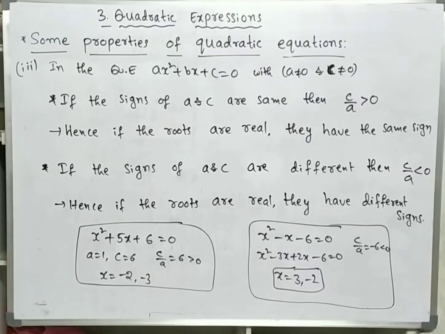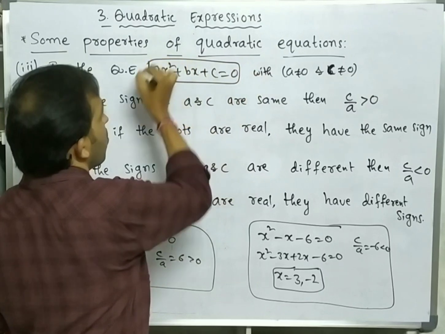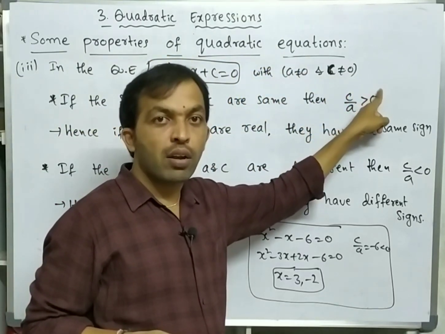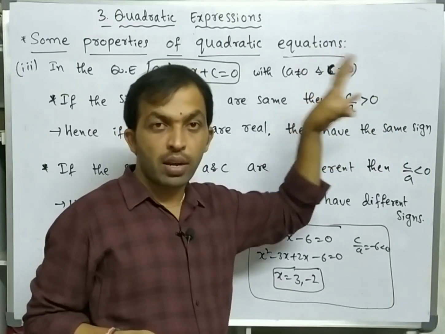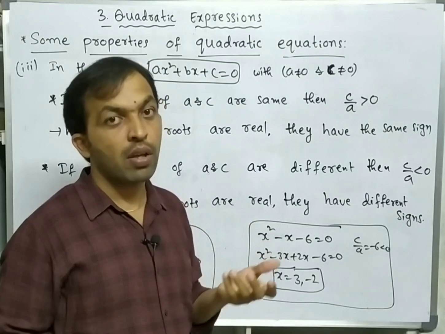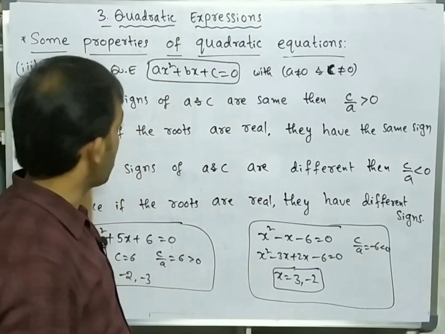Next point, in the quadratic equation ax square plus bx plus c is equal to 0 with a not equal to 0 and c not equal to 0. These are the important conditions, remember it. This is the behavior of different types of values in a quadratic equation.